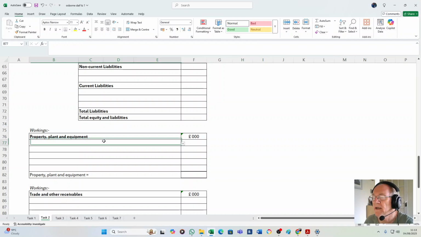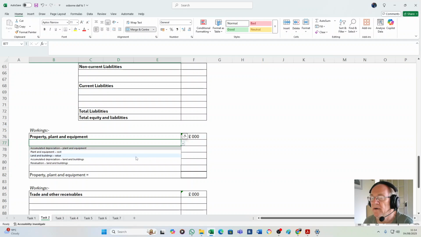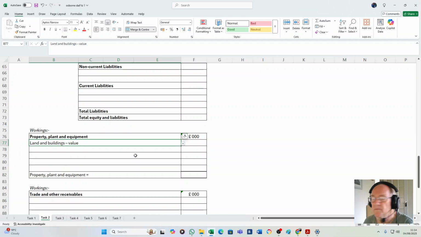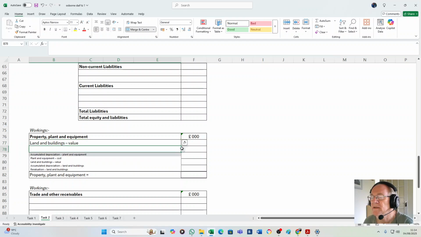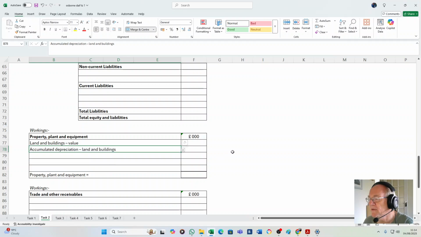We're not listing the land and buildings separately, which means we're going to have to do a little bit of workings out here. So our workings out box, we've actually done some of these calculations already on the previous sheet. We've got land and buildings value and accumulated depreciation, land and buildings.